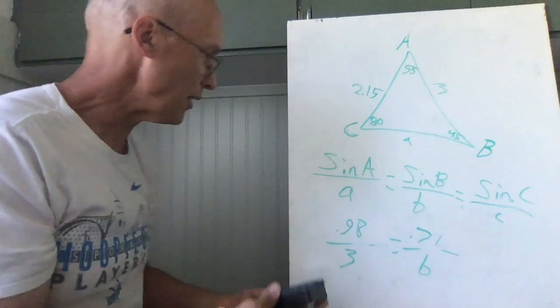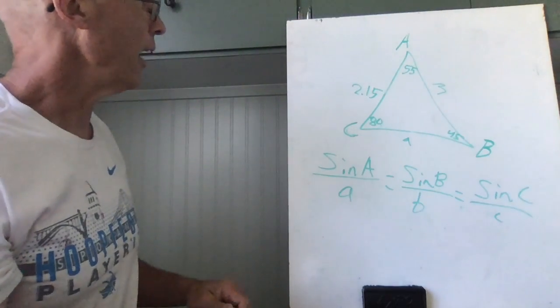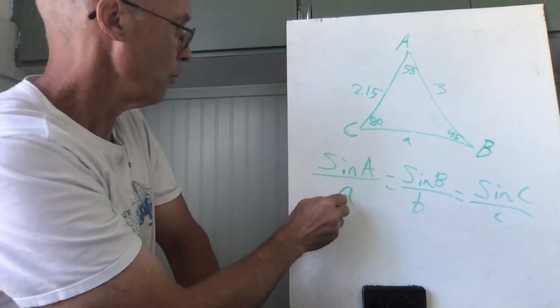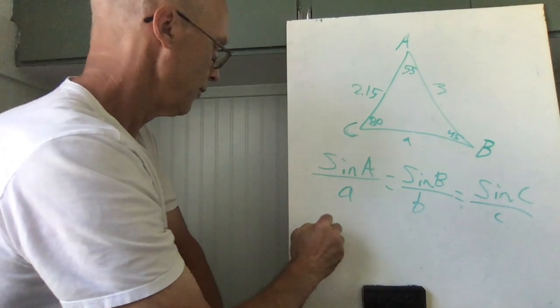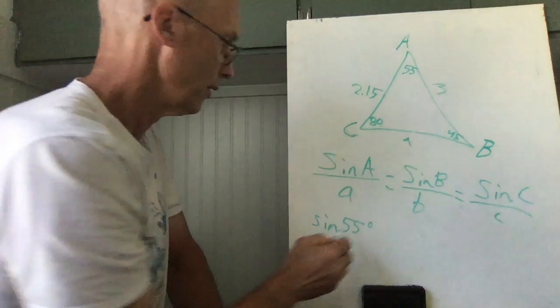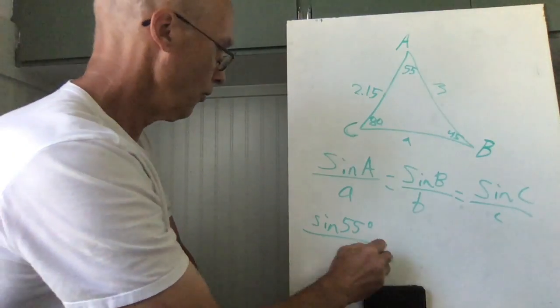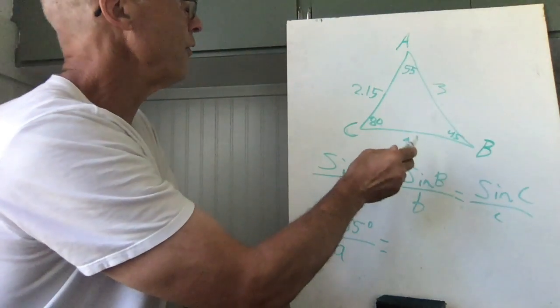And then we'll have everything. Okay, so we want this one. So we want the sine of A, so the sine of 55 degrees over A equals, and we can use any of these we want.